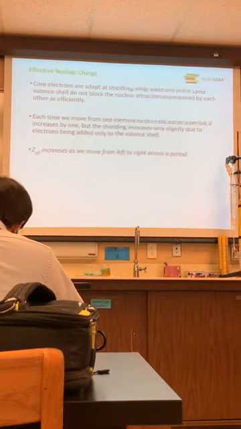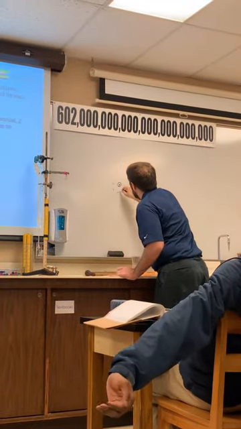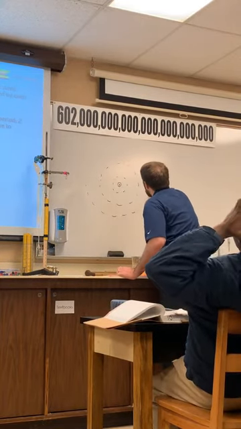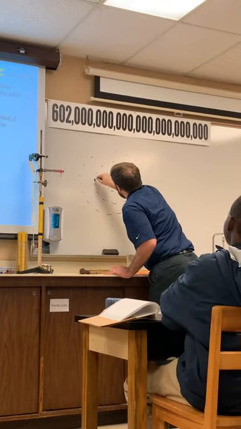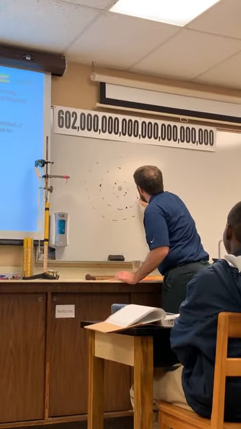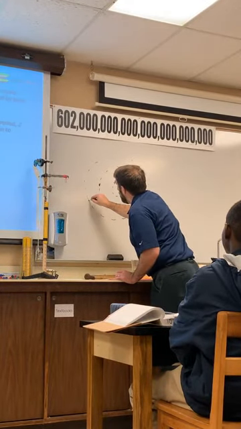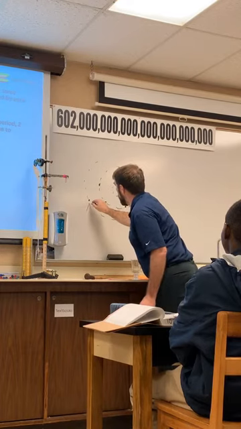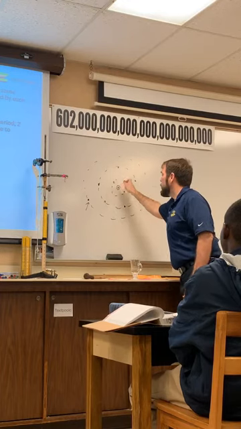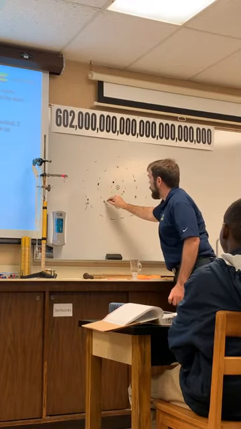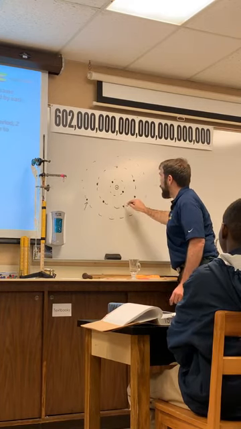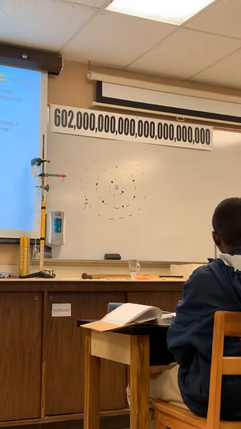If we think about the positively charged nucleus and the negatively charged electrons in their energy levels, a particular electron, like this one right here, is going to be attracted towards the nucleus, but the nucleus is partially hidden or shielded by the electrons that are closer to the nucleus than that electron.